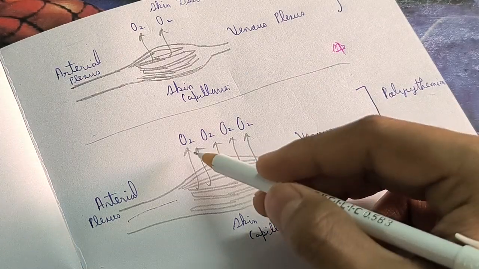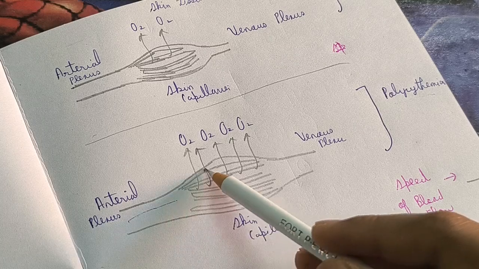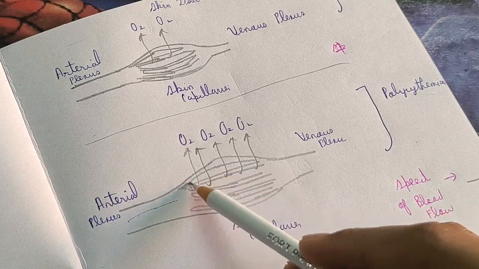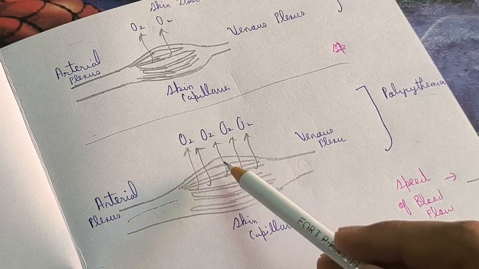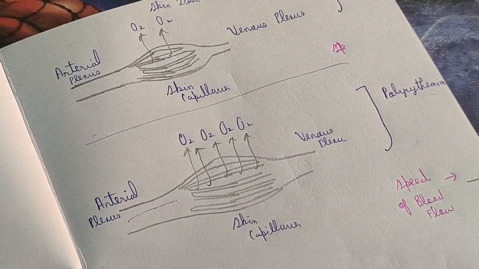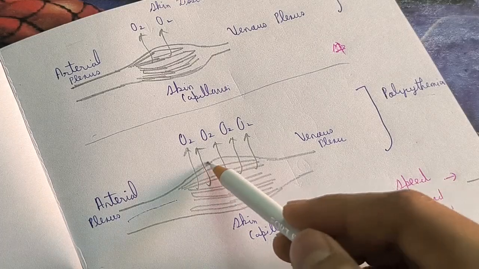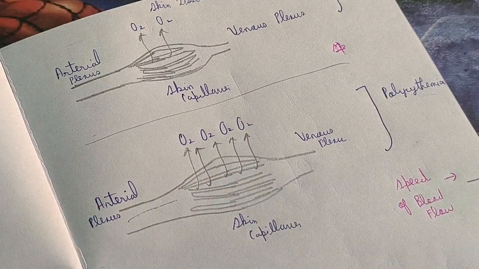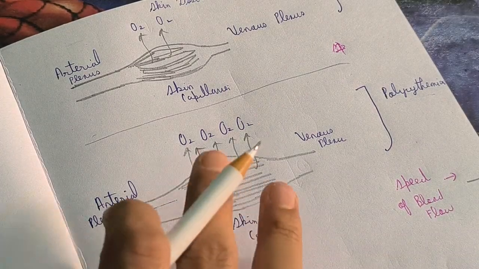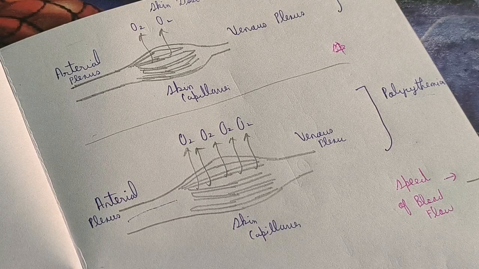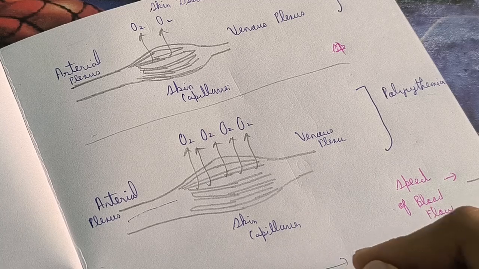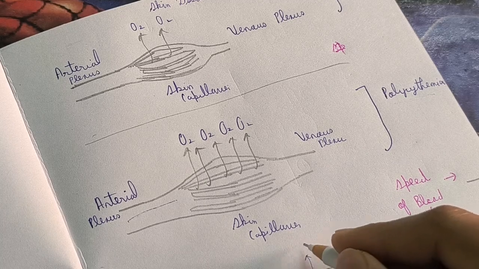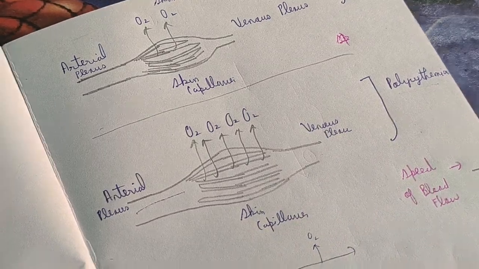Just think, RBCs are passing through these blood capillaries, and they have to supply oxygen to tissues. If they have to supply more oxygen, then they have to stay more time in these blood capillaries. If they run at a faster rate, then this oxygen supply will not be good.